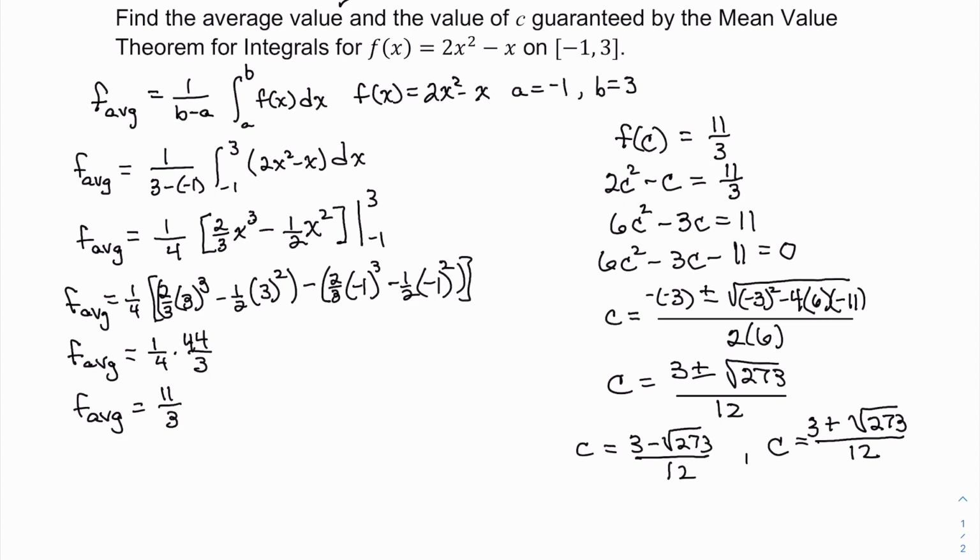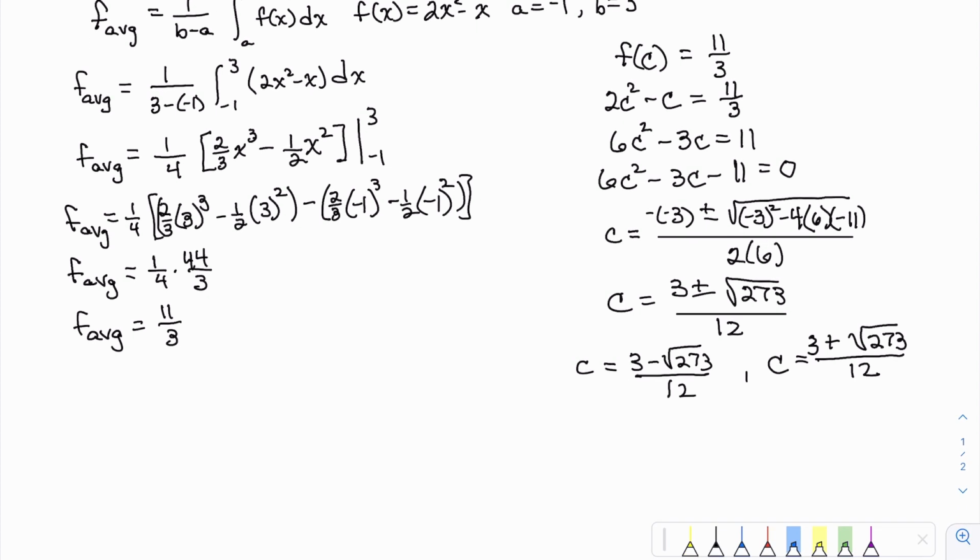And we want to look at the decimal approximation to only report the values of c that are in the interval. We want to report the answer that's exact, but we have to look at the decimal approximations to see which ones are in the interval. So for the 3 minus the square root of 273 over 12, the decimal approximation is approximately negative 1.12689. And for the c is equal to 3 plus the square root of 273 over 12, that's approximately 1.62689.